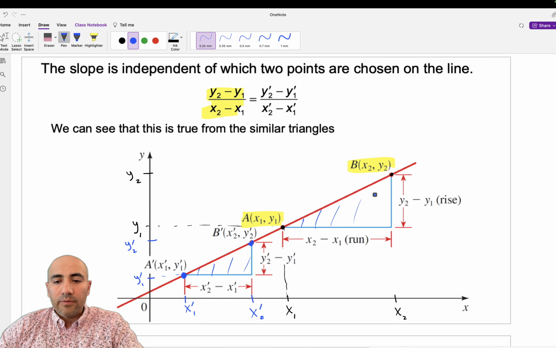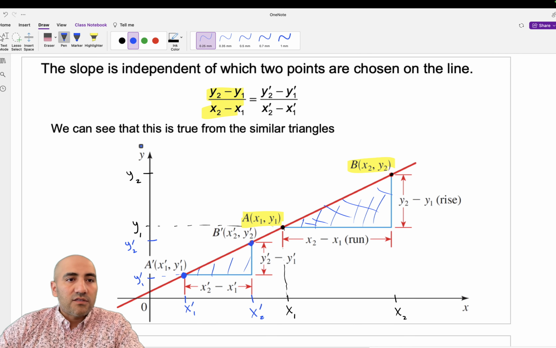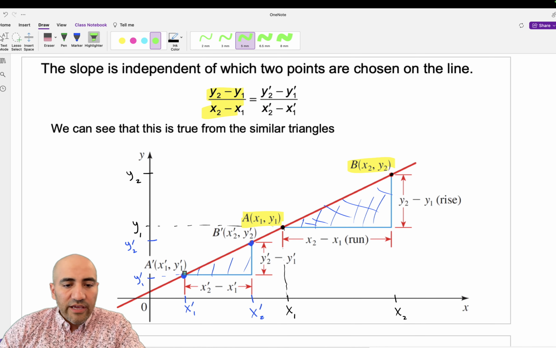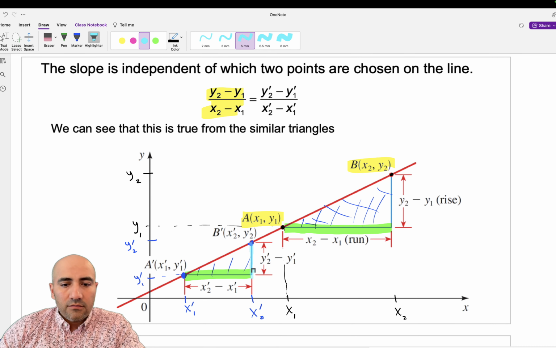This triangle up here looks much bigger. So the change in this direction, this value, is different than this value over here. And likewise, this distance along here is different than this distance along here.